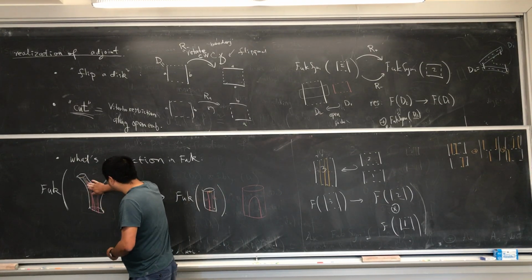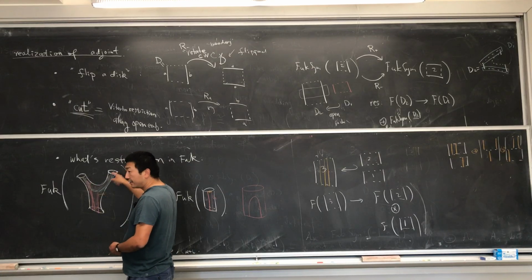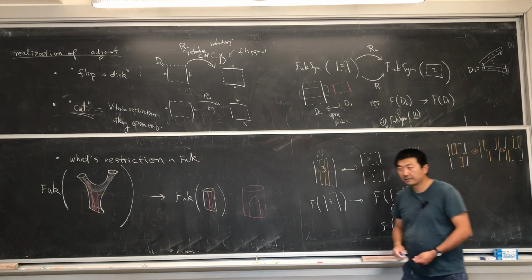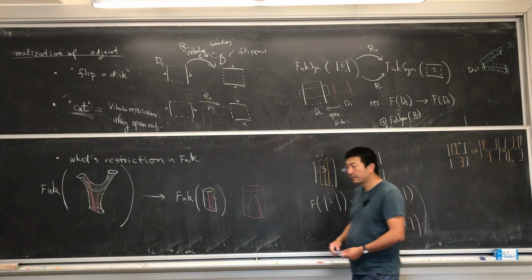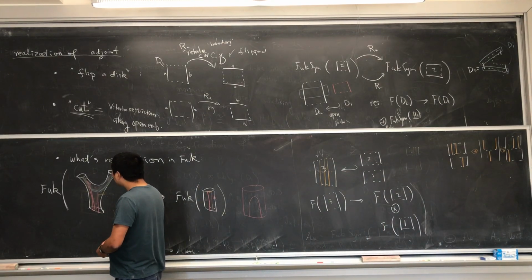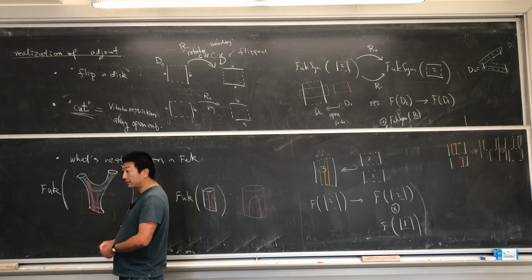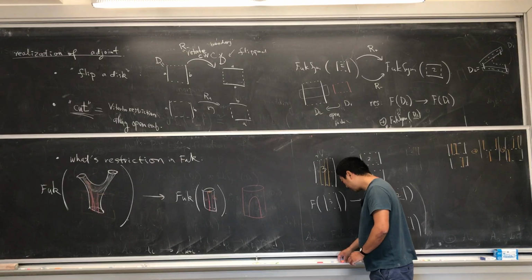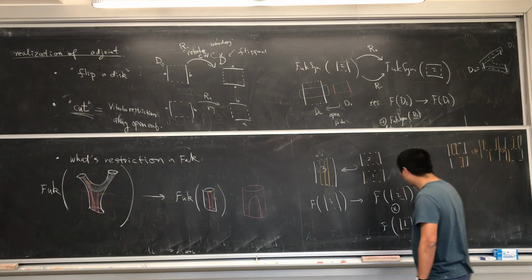You will. Right. You can go up here, you can go up here. They may end up restricting to the same object. So in particular, this guy you will not be able to tell from the direct sum guy, right? That's right, because there's no disk helping you to tell them apart.